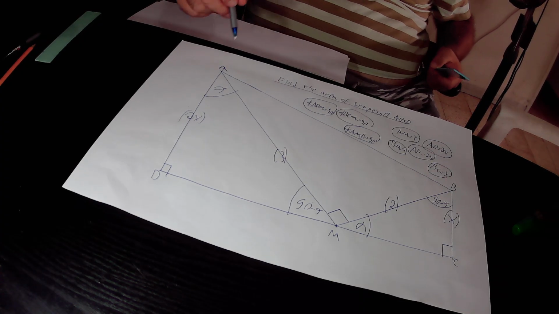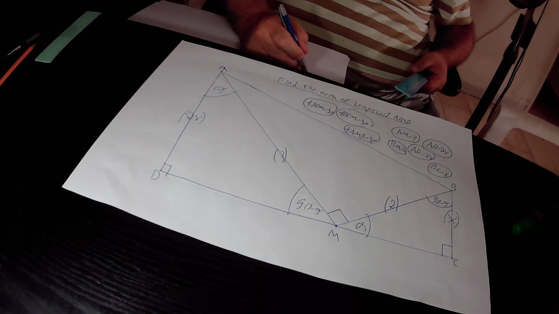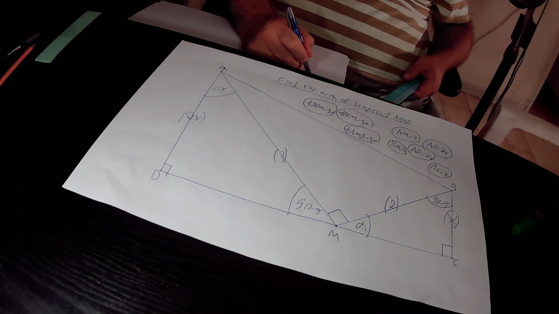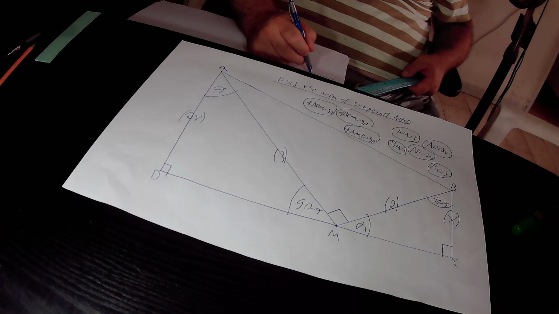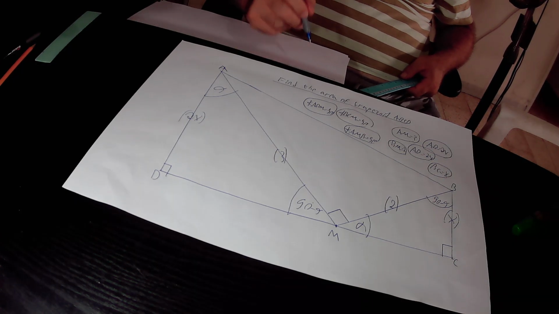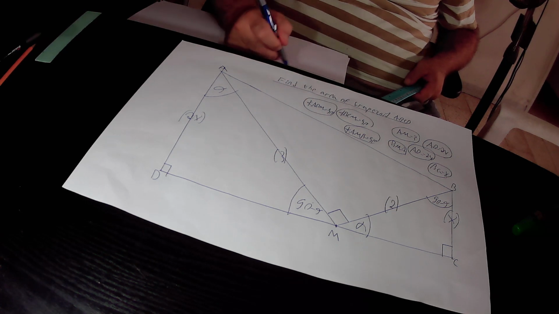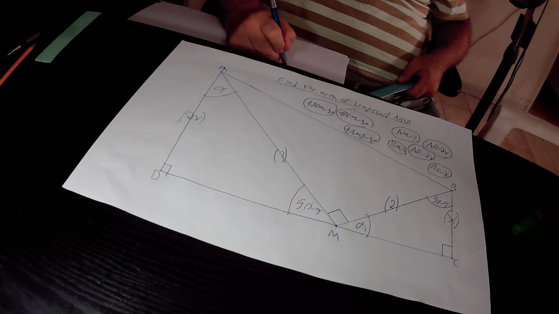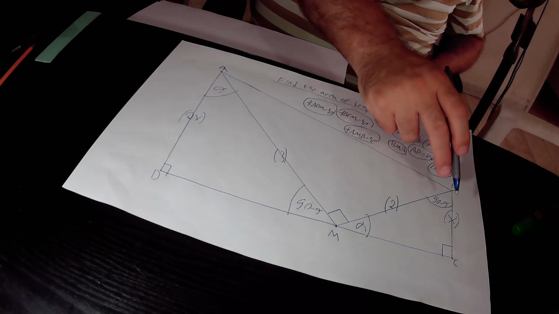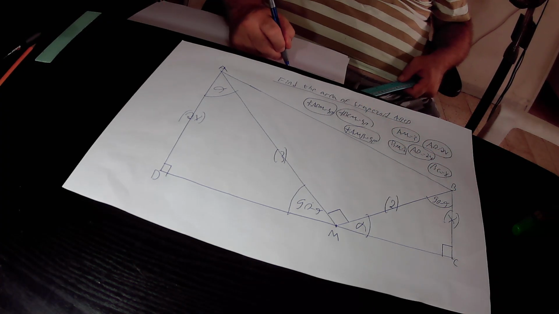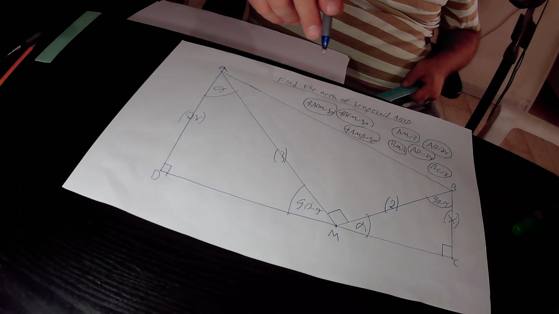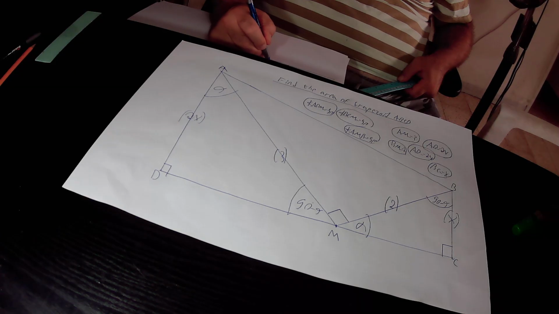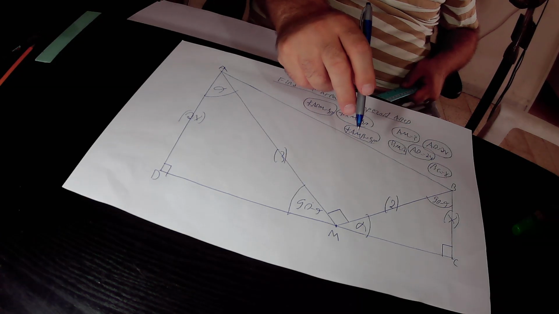Side AD of this big right triangle ADM over side MC of this small right triangle BCM is equal to side DM of the big triangle ADM over side BC of the small triangle BCM, and it is also equal to side AM of the big triangle AMD over side BM of the small triangle BCM.